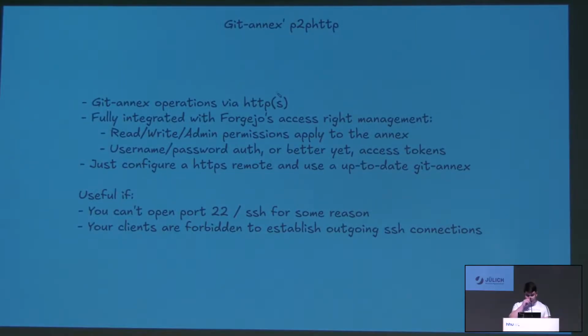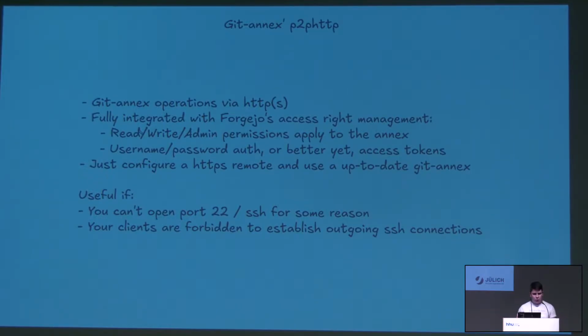Yeah, P2P HTTP, essentially git-annex operations via HTTP. So Joey adapted the existing P2P protocol, which I think is spoken over SSH anyway, to like a HTTP API. I've just made Forgejo essentially a reverse proxy to git-annex P2P HTTP while handling the authentication part on the Forgejo side. So it follows all the usual authentication options you have in Forgejo.